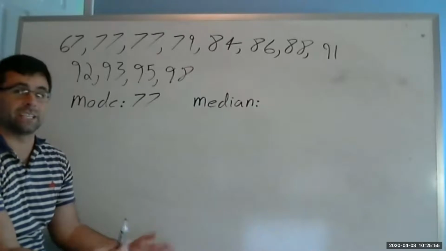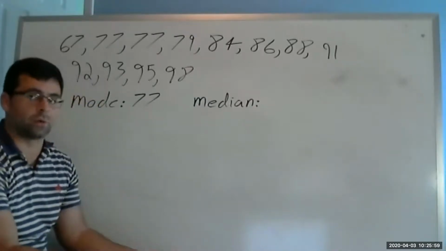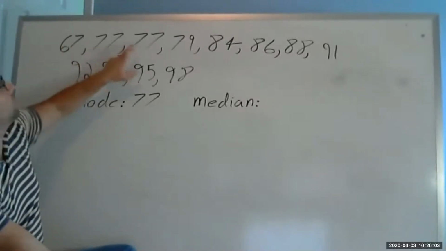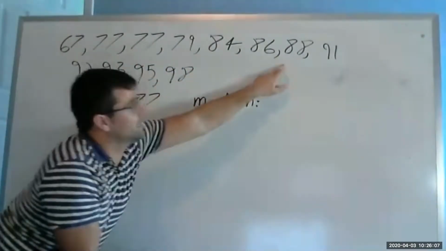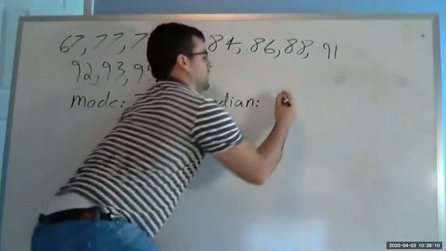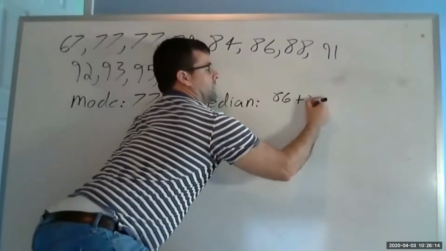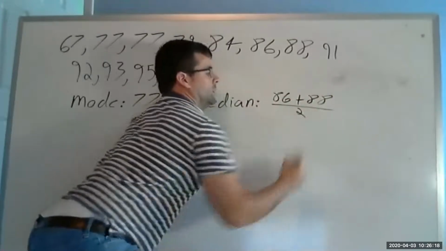So 12 divided by 2 is 6. And you're going to take the 6th and 7th numbers and average them. So 1, 2, 3, 4, 5, 6, and 7. So the median is 86 plus 88 over 2.